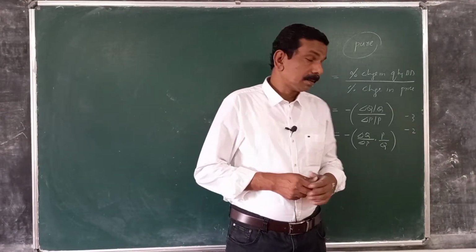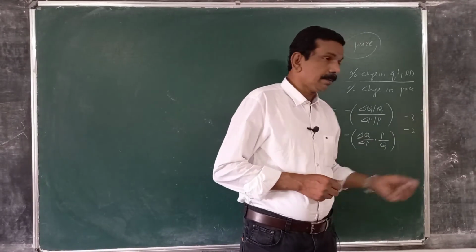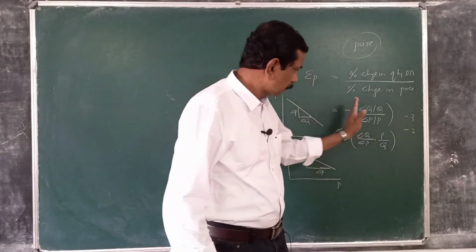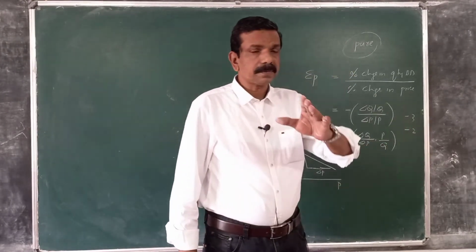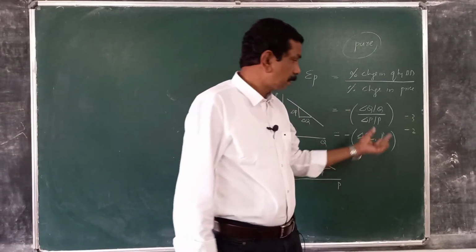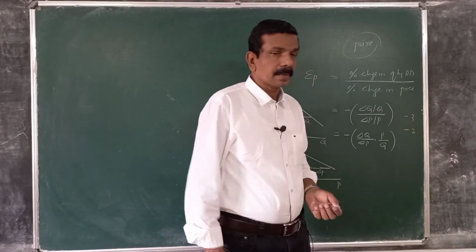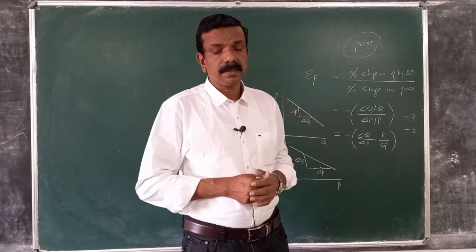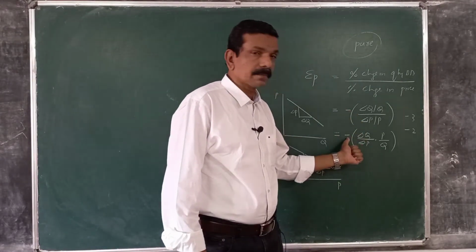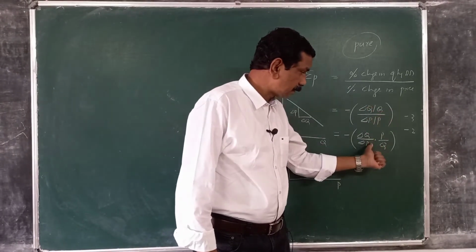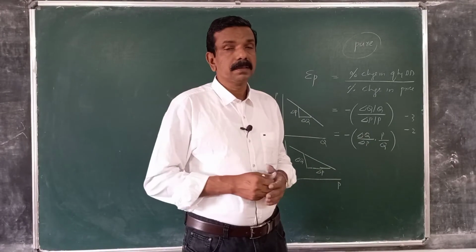So remember this, we consider only the absolute value, because for most commodities elasticity will be negative as price and quantity are inversely related, or simply you put a minus sign to ensure that the resulting quantity is positive.